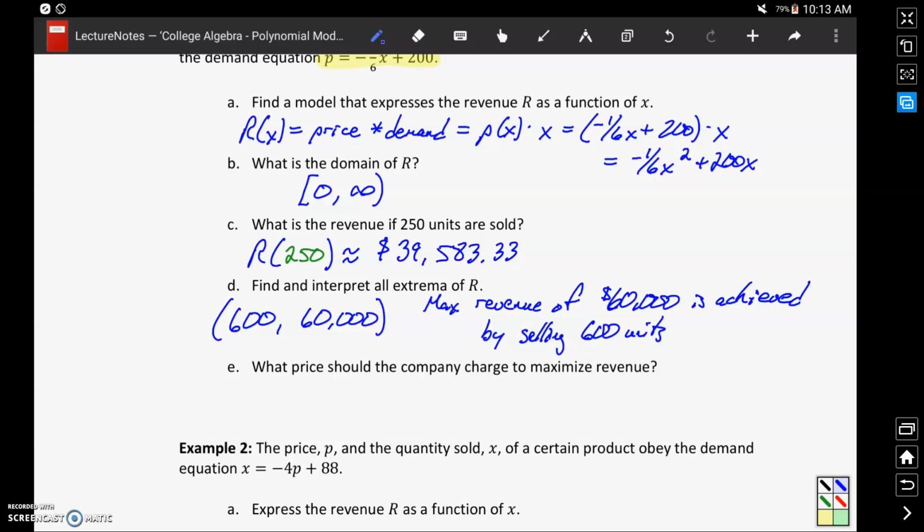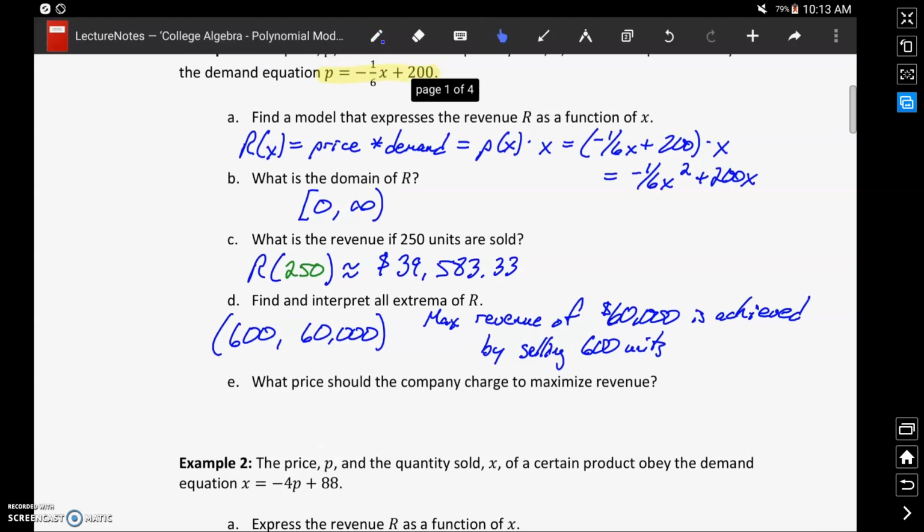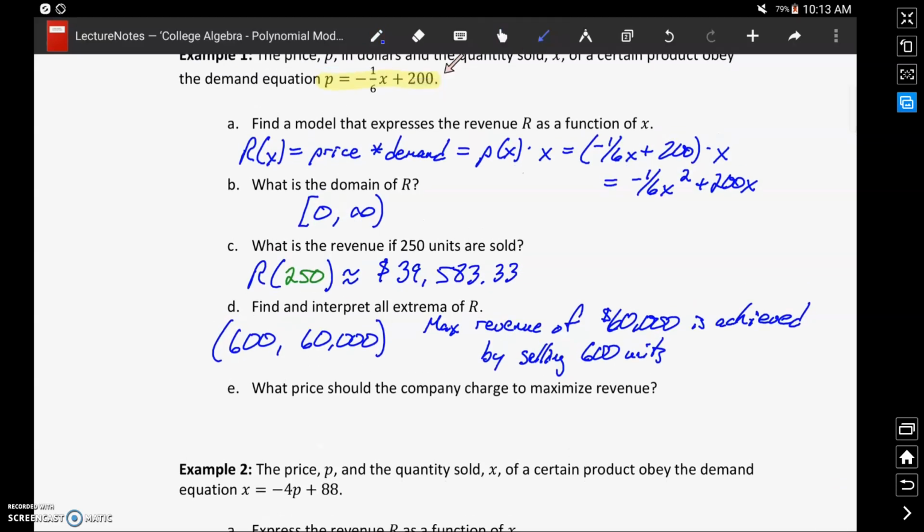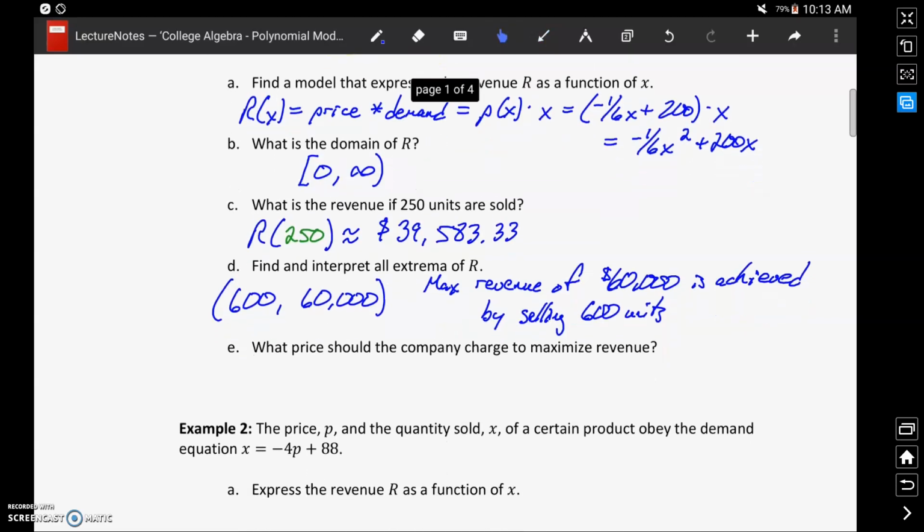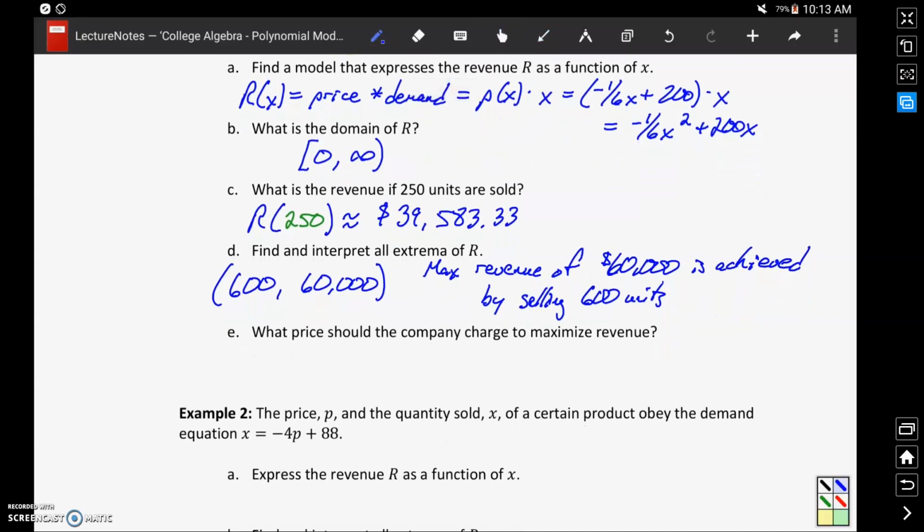In part E, then, we're asked what price the company should charge to maximize revenue. To answer this, we'll go back to the given price demand function. What we'll do is plug in a value for X, which is the number of units sold, and that will generate a price point, P, that we would want to associate with that number of units.